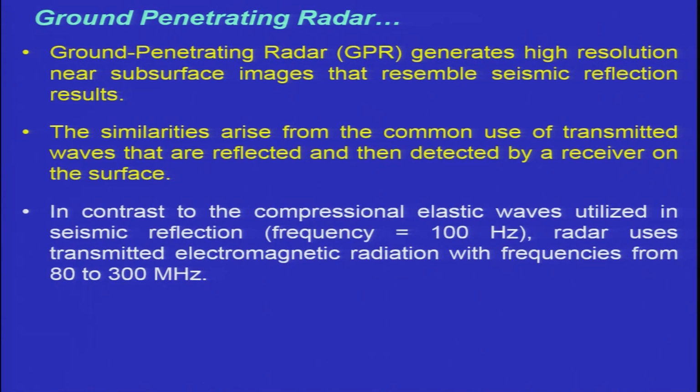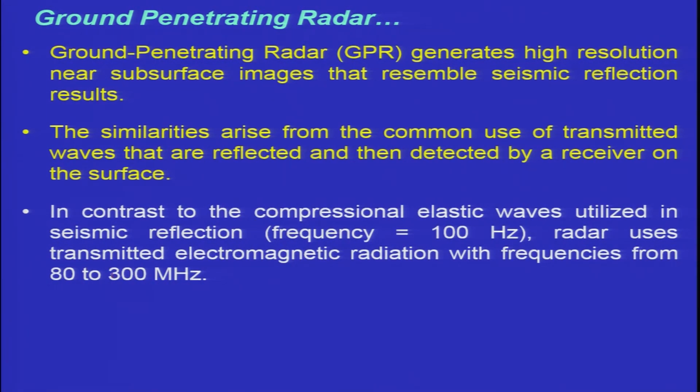This is very much similar to the seismic reflection data. In contrast to the compressional elastic wave utilized in seismic reflection with a frequency of around maybe 100 hertz, radar uses transmitted electromagnetic radiation with frequency ranging from 80 to 300 megahertz.